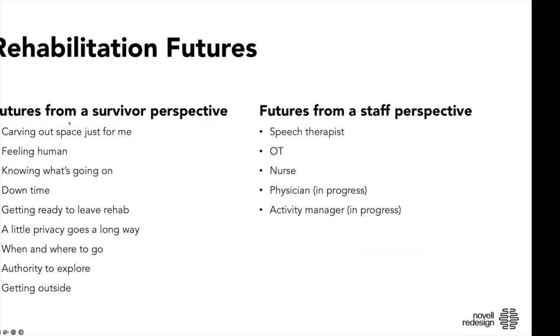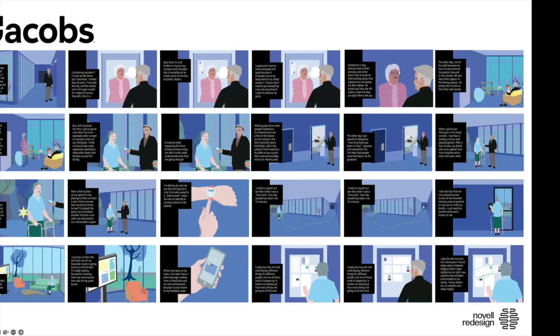We arrived at a series of stories that are told from a stroke survivor's perspective, as well as a series of stories that are told from a staff member's perspective. And then we used some illustration, animation, and video formats to turn these into a bit more of a narrative that gave people a sense of the temporal inhabitation of healthcare architecture, rather than just looking at planned sections and static elements.